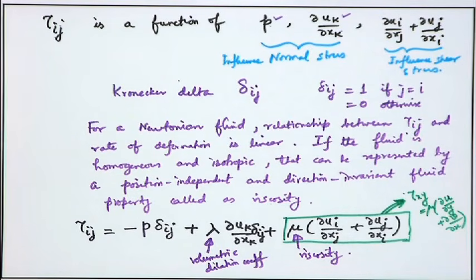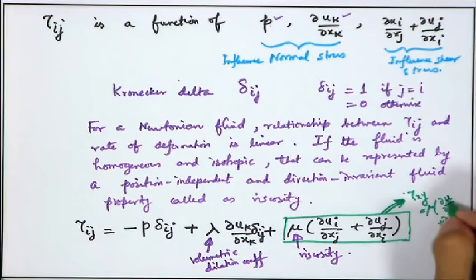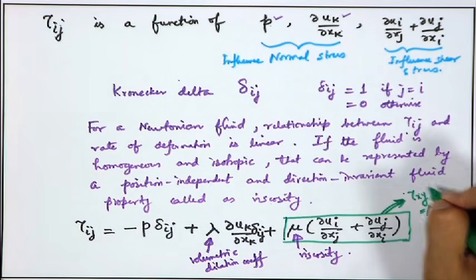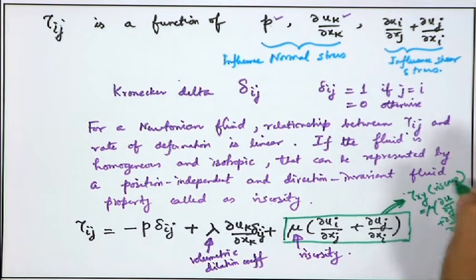If you are considering a unidirectional flow, there is u and no v. So that makes this viscous tau xy equal to mu del u del y.